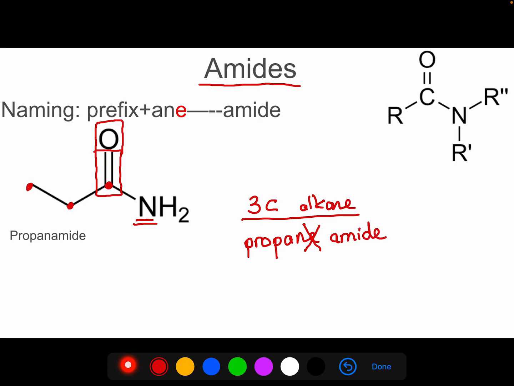Okay, so 3 carbon and we're adding amide. What makes an amide? An amide is the carbon double bonded to oxygen, the carbonyl carbon, attached to nitrogen. And that nitrogen can be just attached to hydrogens, like in the case here, or it could be different R groups. Okay, and on this side of the carbon, there is another carbon containing compound or R group.